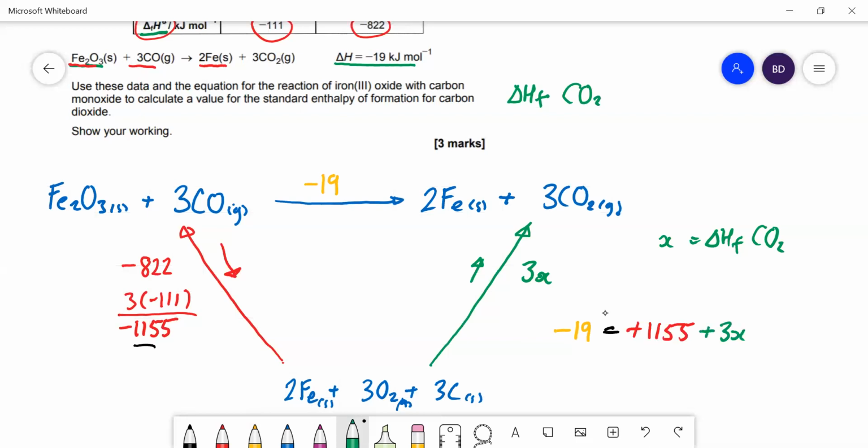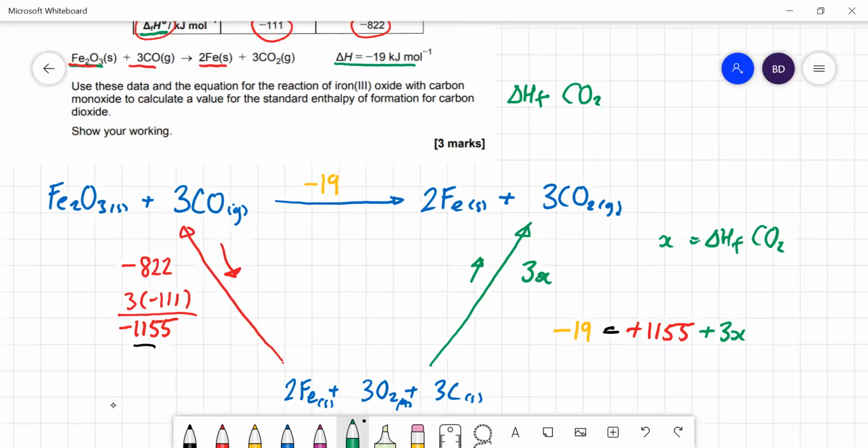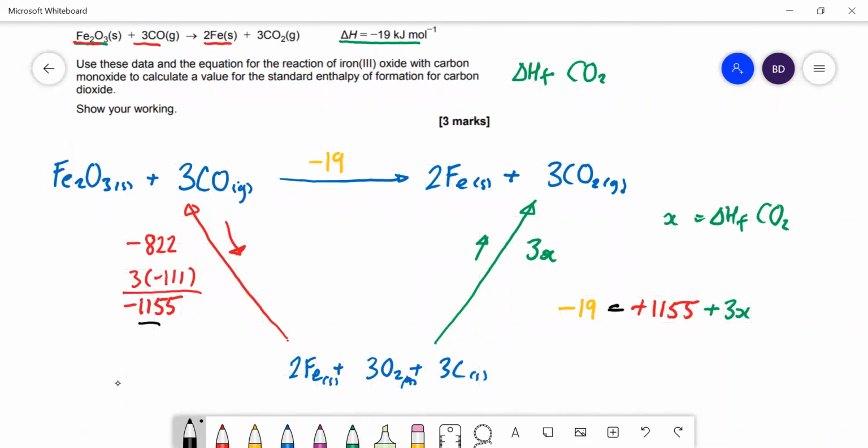Let's rearrange that then, so we get 3x is going to be equal to minus 19 minus 1155.